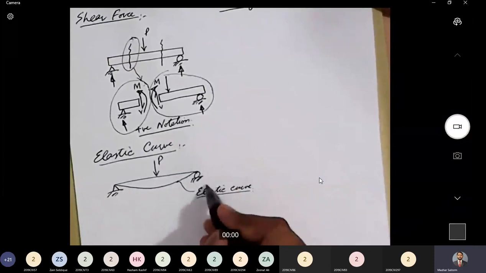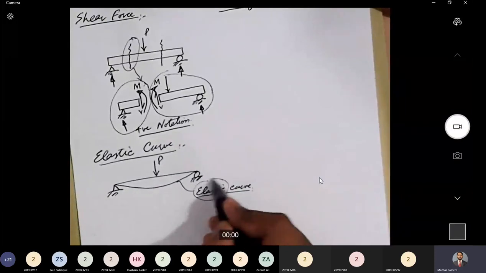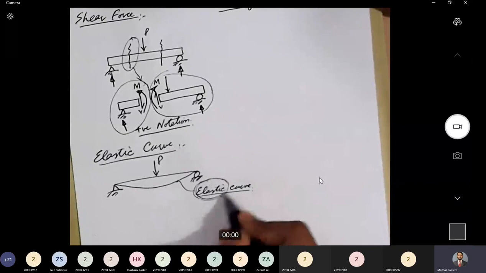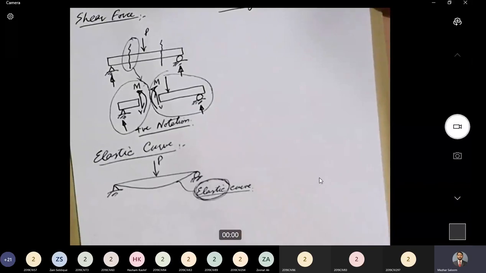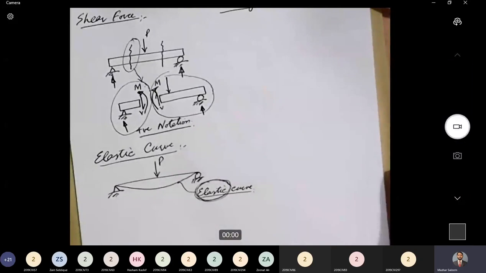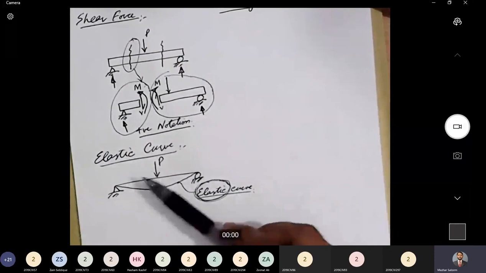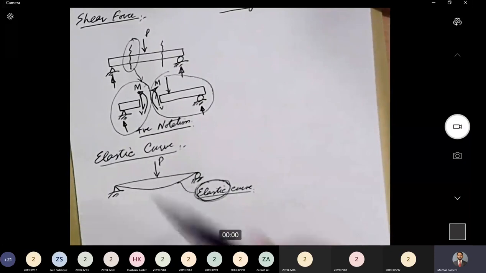And as the name suggests, elastic. So it is the case when the stresses and strains are within the elastic limit. And what do we mean by that? By that we mean that if we unload, the member will regain its original shape. If we remove the external load, the member will come back to its original shape.